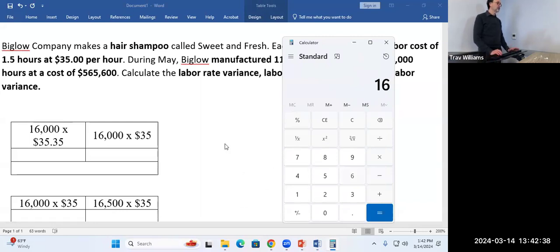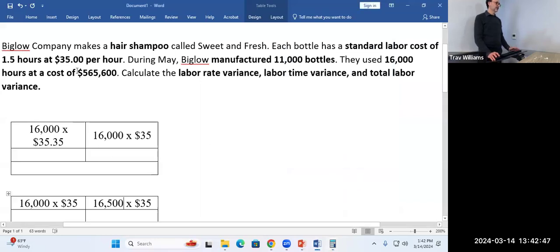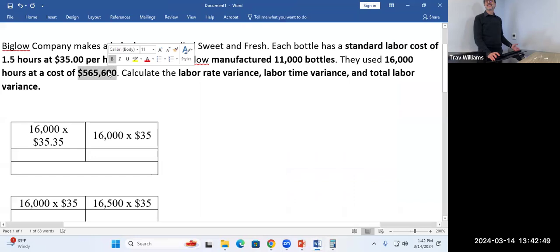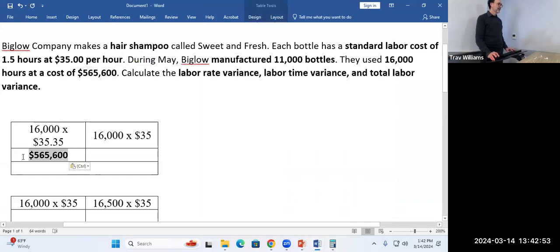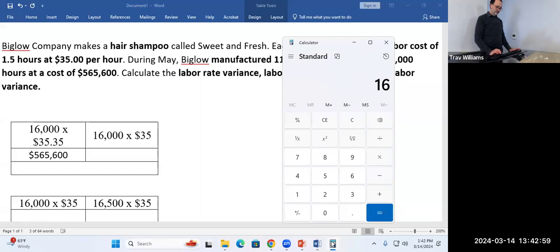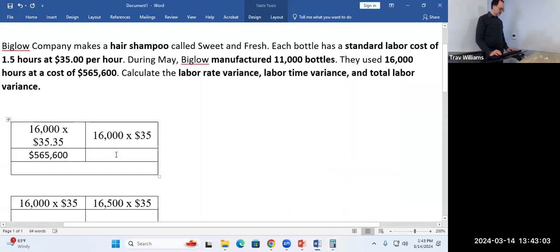Okay, so then we will take actual hours times the actual rate. We get 500, oh yeah, well, obviously, the same thing that was here, right? That was the actual cost, so that makes sense, it's the same. All right, then we have actual hours times the standard rate. 560,000.